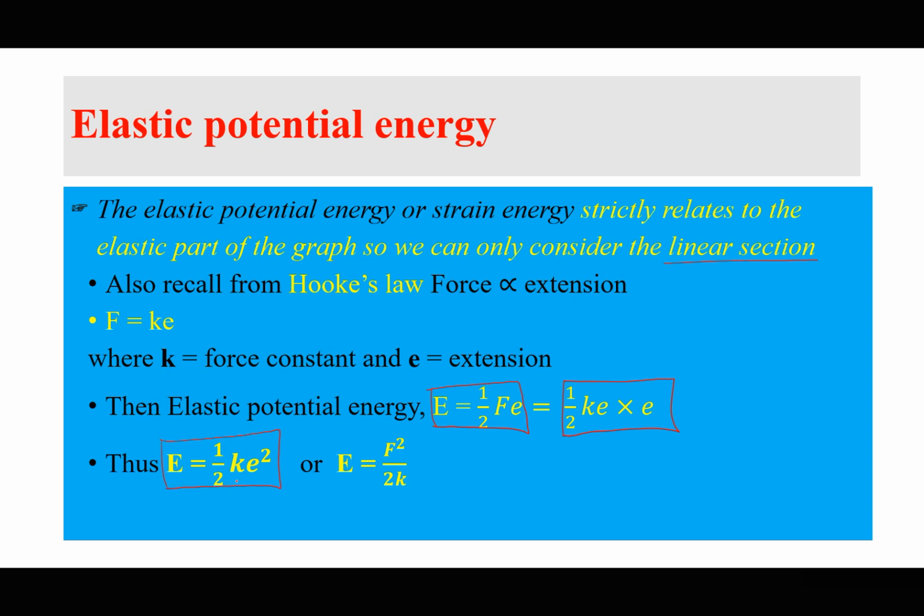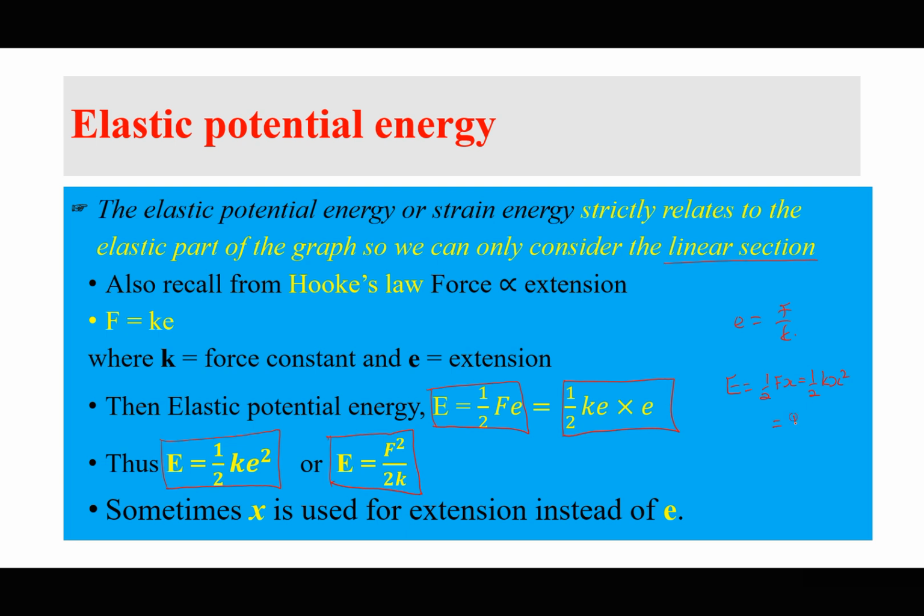Also, I can remove E: if I make E the subject, E equals F over K. Substituting, elastic potential energy is half F squared over K. Sometimes you'll see x used for extension instead of e, so you'll find elastic potential energy written as half Fx, or half Kx squared, or half F squared divided by K.